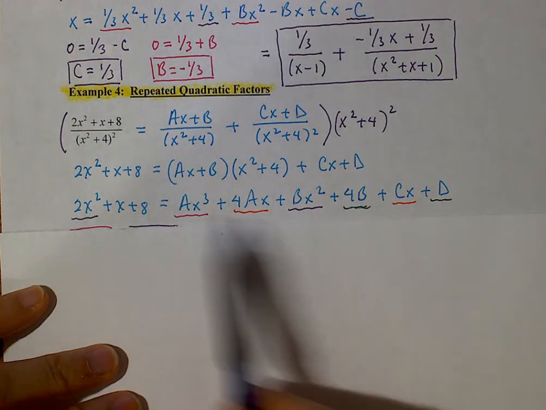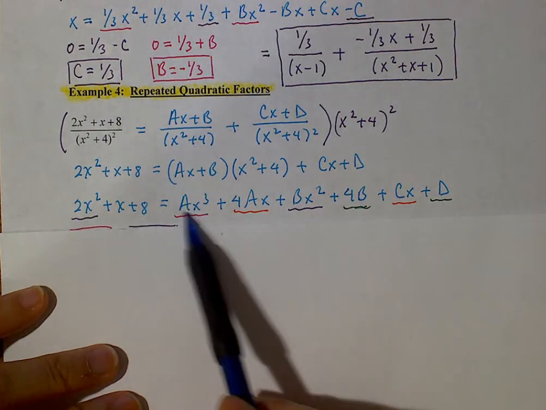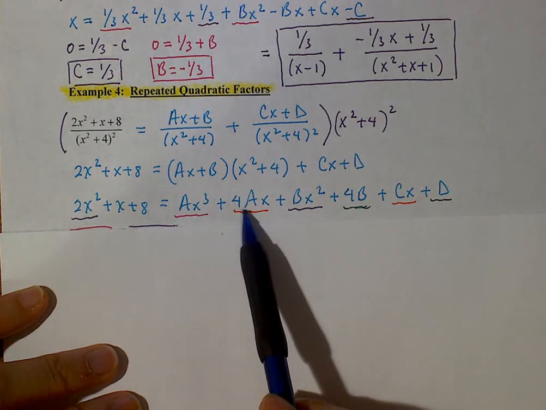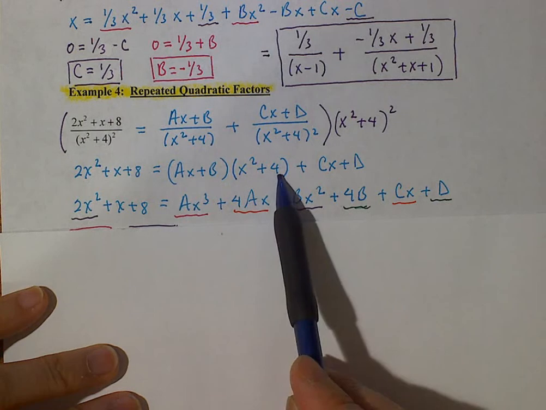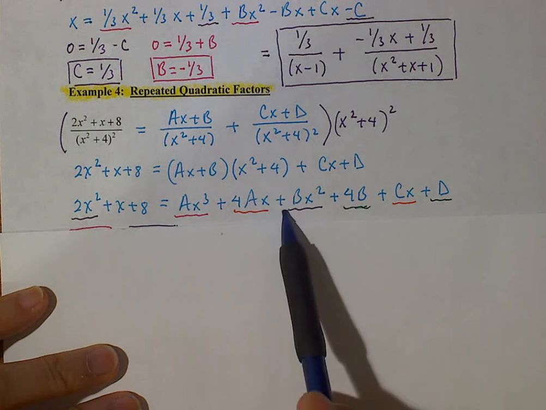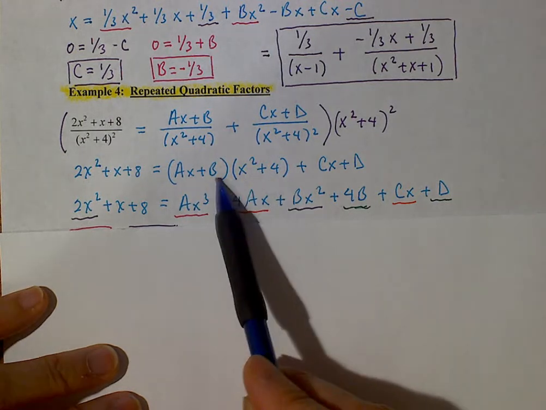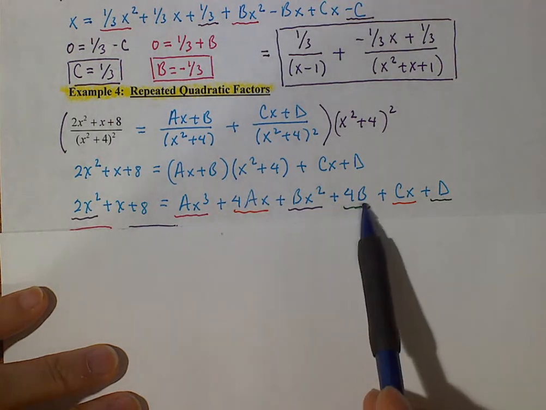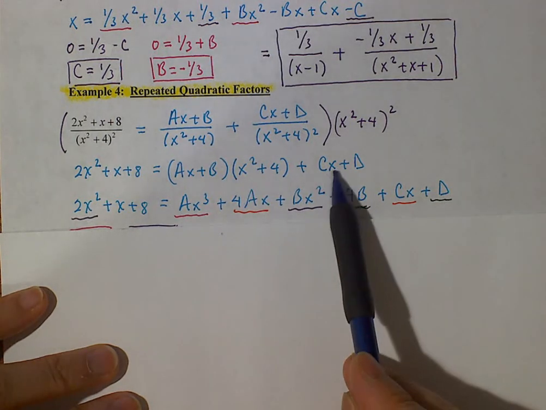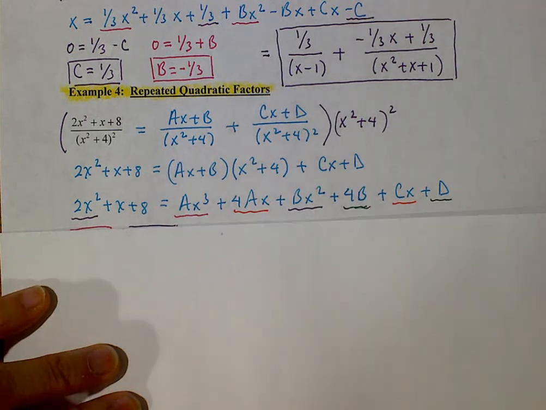So the left side stays the same, and then on the right side I have ax cubed plus 4ax, that's this times this, plus bx squared, that's the inner, and then the last term is 4b, and then cx plus d.